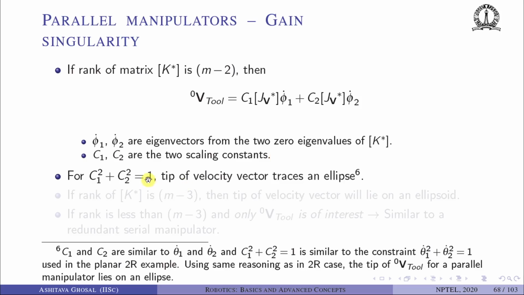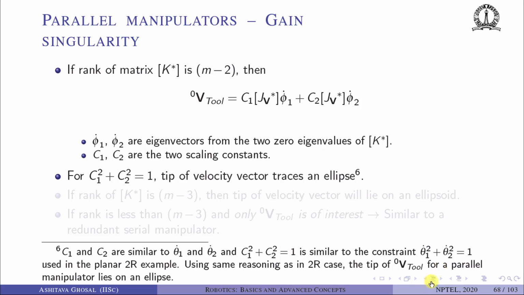So for C1 squared plus C2 squared equal to 1, the tip of the velocity vector traces an ellipse. Okay, so C1 and C2 are similar to theta 1 dot and theta 2 dot, and C1 squared plus C2 squared is the same as the constraint theta 1 dot squared plus theta 2 dot squared equal to 1, which we used in the planar 2R example. Okay, and exactly the same reasoning as the planar 2R when we discussed the geometric picture of the Jacobian matrix.